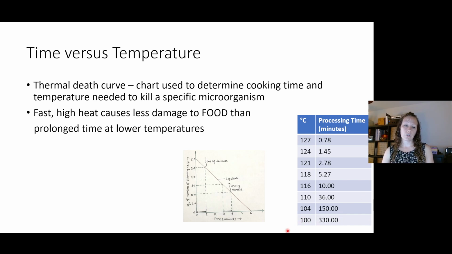At 100 degrees Celsius, which is just boiling, we would require, and this varies per food, but for this food, I think the book said it was green beans, if I'm not mistaken, 330 minutes of boiling to control these Clostridium botulinum spores. That is 5.5 hours of boiling your green beans. They will definitely turn to mush if you do that, right?